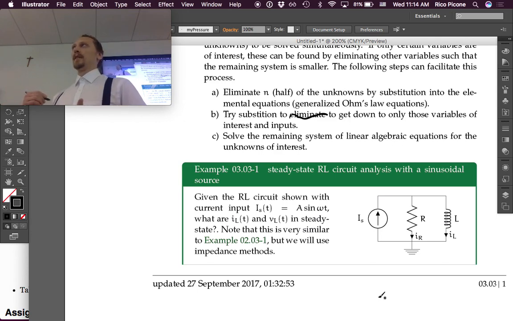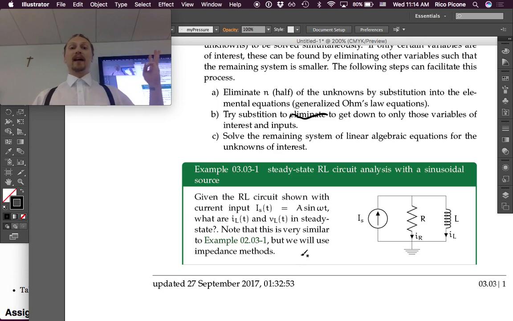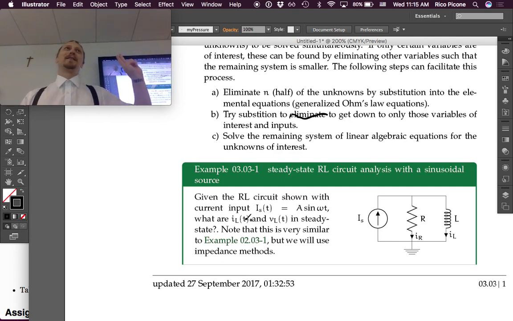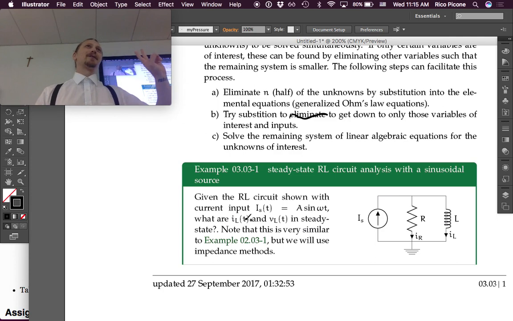The lack of initial conditions, the fact that I asked for the steady state current and voltage, and the fact that I explicitly said we'll use impedance methods should indicate to you that we're going to use impedance methods. Okay? So those are the three things. But any of those alone might have triggered that. The steady state and explicitly saying use impedance methods are the two strongest ways of indicating that.